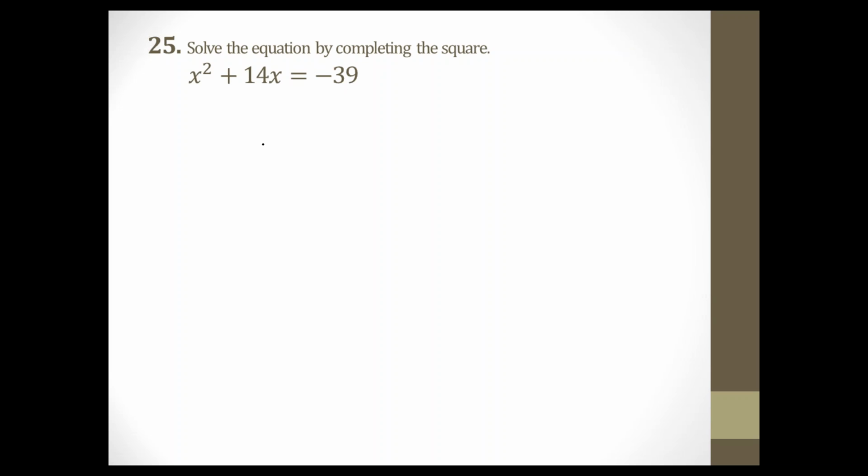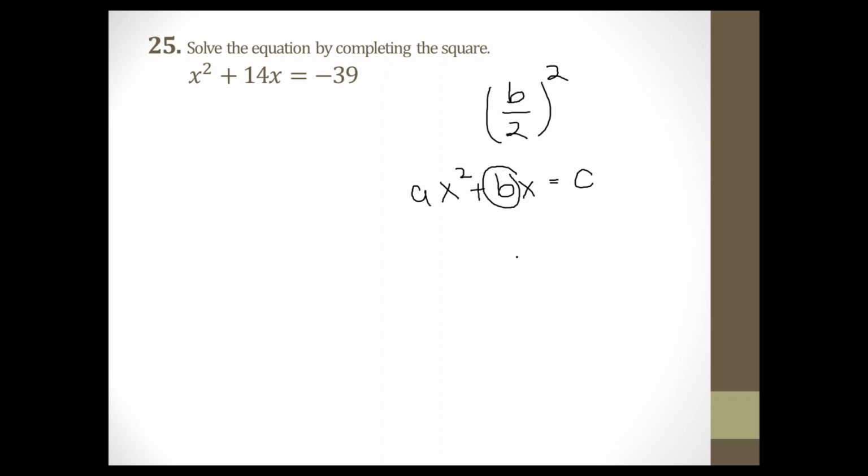And then I need to know a little formula, which is b divided by 2 squared, to make this perfect square trinomial on the left side. My b, and this comes from the quadratic equation in standard form, which is ax squared plus bx equals c, and right there in front of the x term, that will be my b.